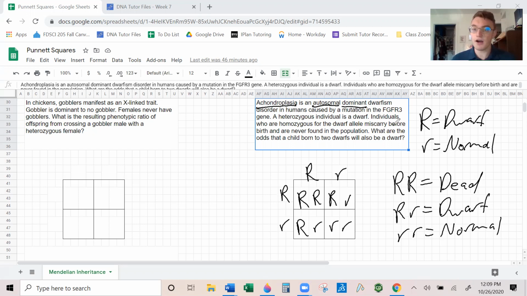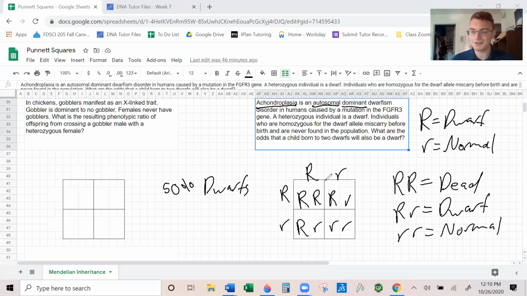So what are the odds that a child will be a dwarf? We see big R, little r, so we would normally want to say 50% of their children would be dwarfs. But remember, this child down here would be normal. This child up here would be dead, and those two would be dwarfs.